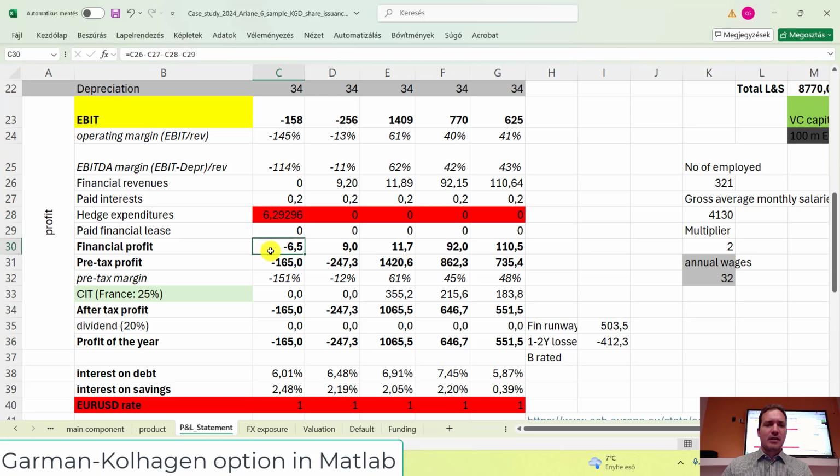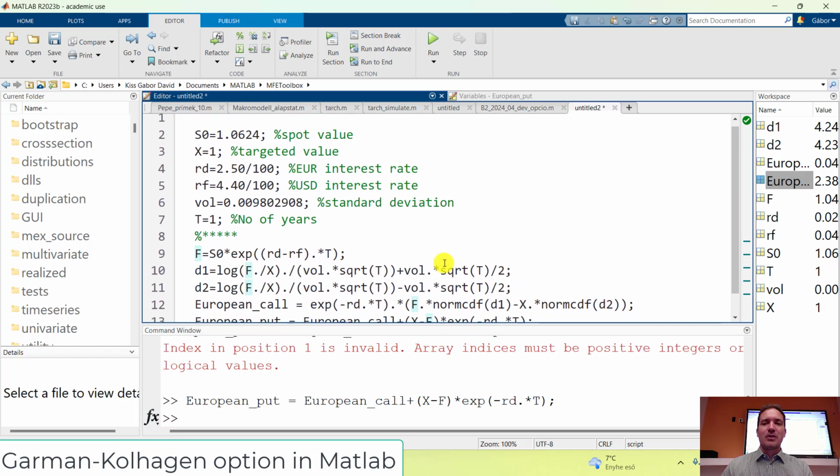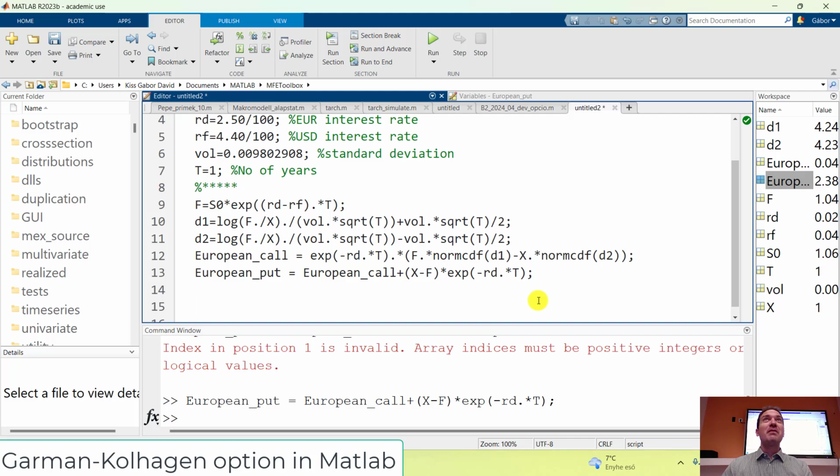And let's just check that this is counted as expenditure. Yes, it is. Yeah, so it's negative. So okay, that was the Garman-Kohlhagen, which is easy, so we can do it even in Excel.